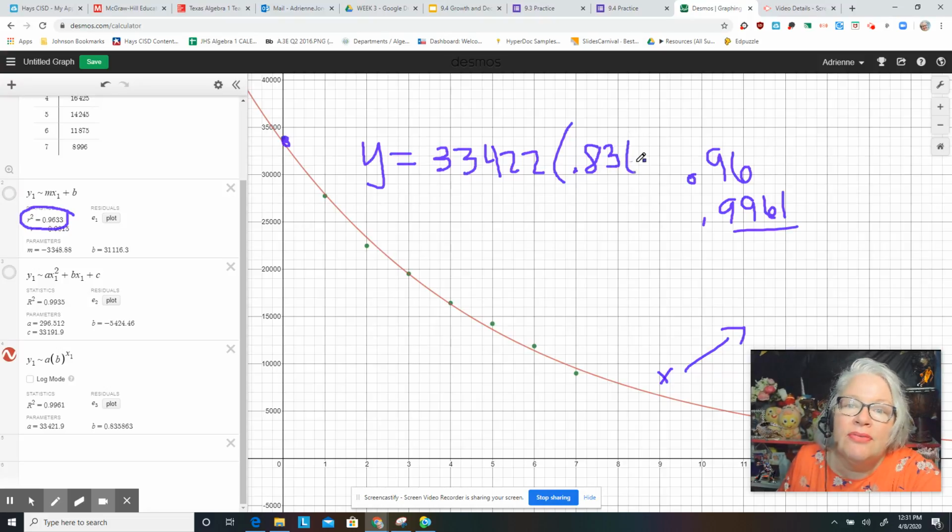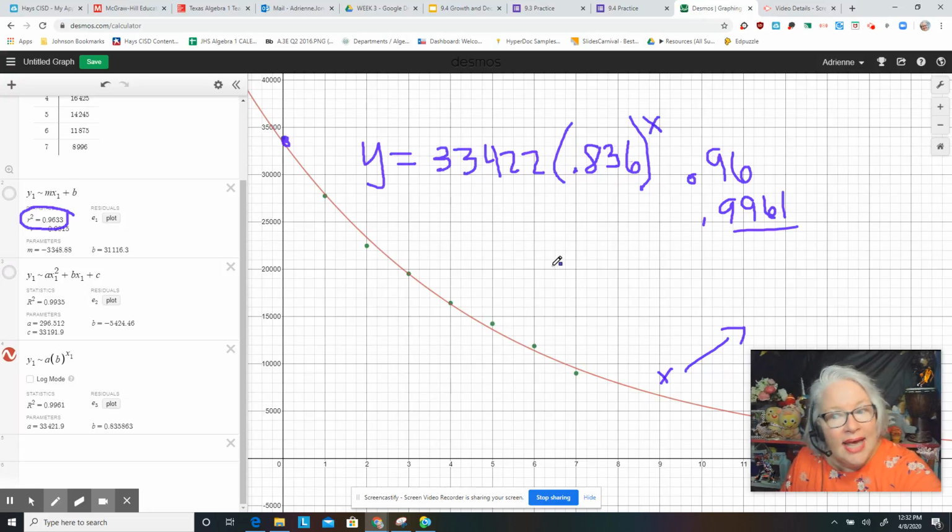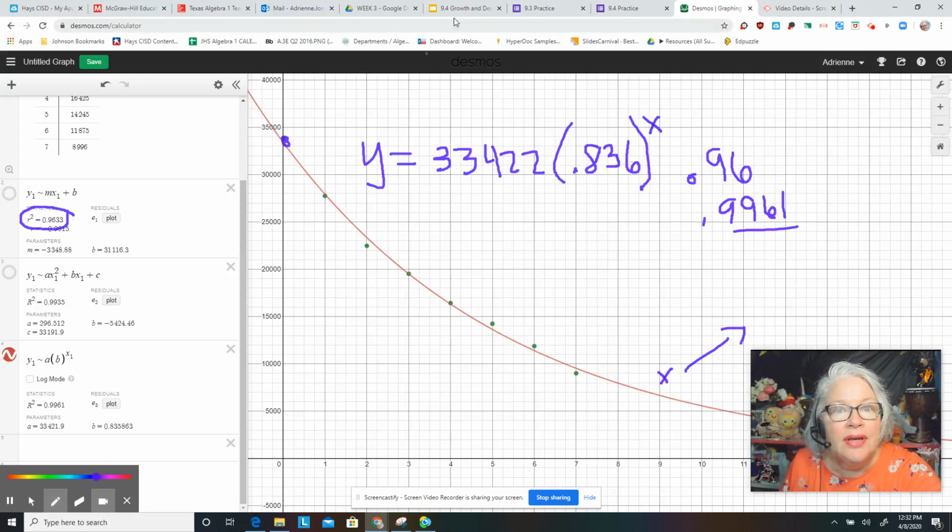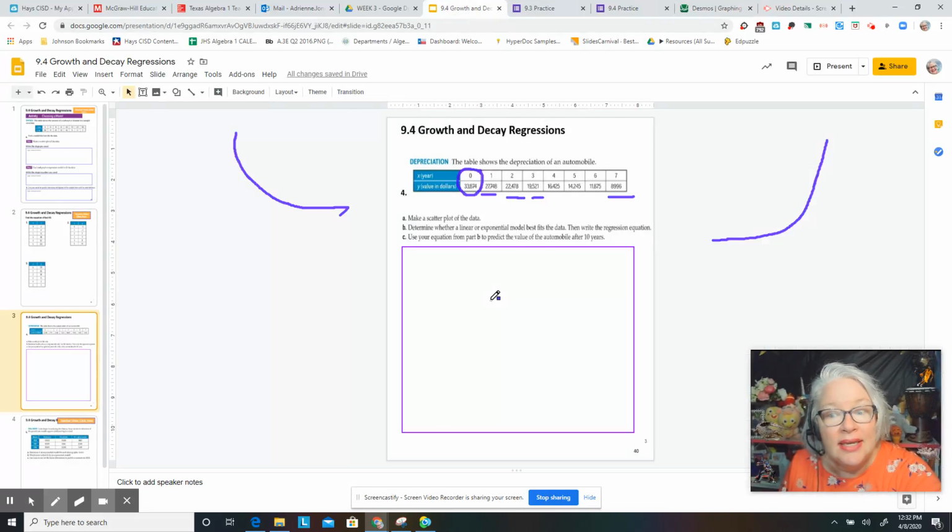I'm going to put 0.836. And x is our exponent. There we go. That is our equation. Let's come back over here. You can type that in here. So you made your scatter plot, you determined whether it's linear or exponential, and you wrote your equation in this box.